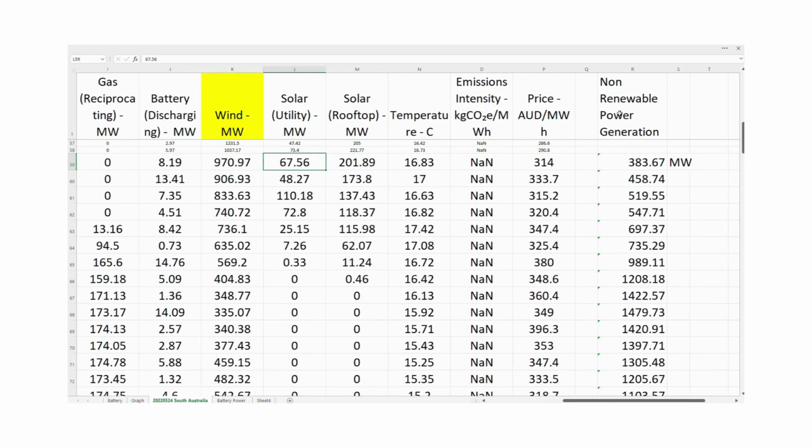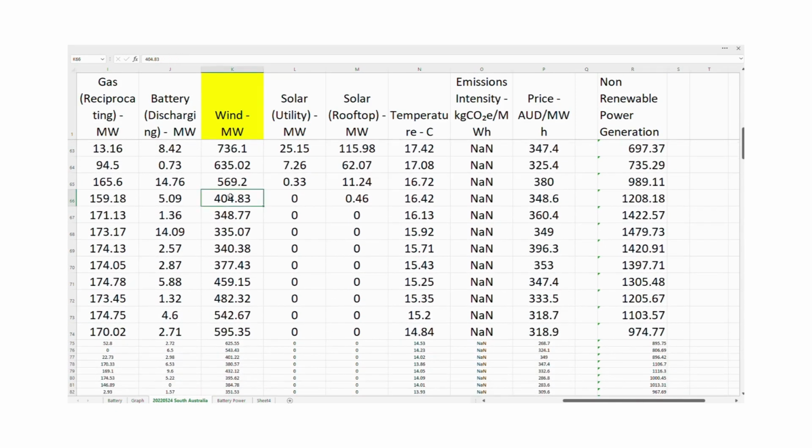So you can analyse this data, and what I've done here in this column is I've added up the non-renewable power generation. So this sums up all the coal, gas and diesel and whatnot. So as the afternoon wore on, you can see that the amount of wind dropped, and in order to keep the lights on, they increased the amount of non-renewable power generation.